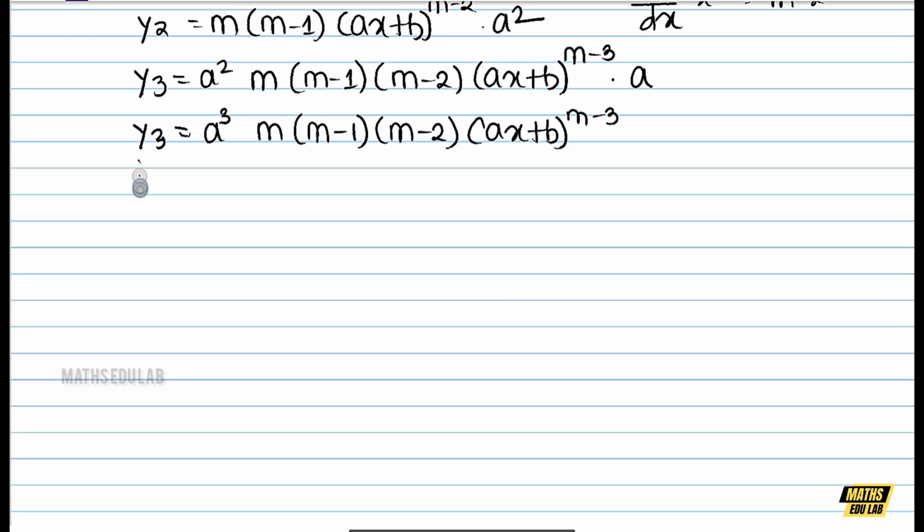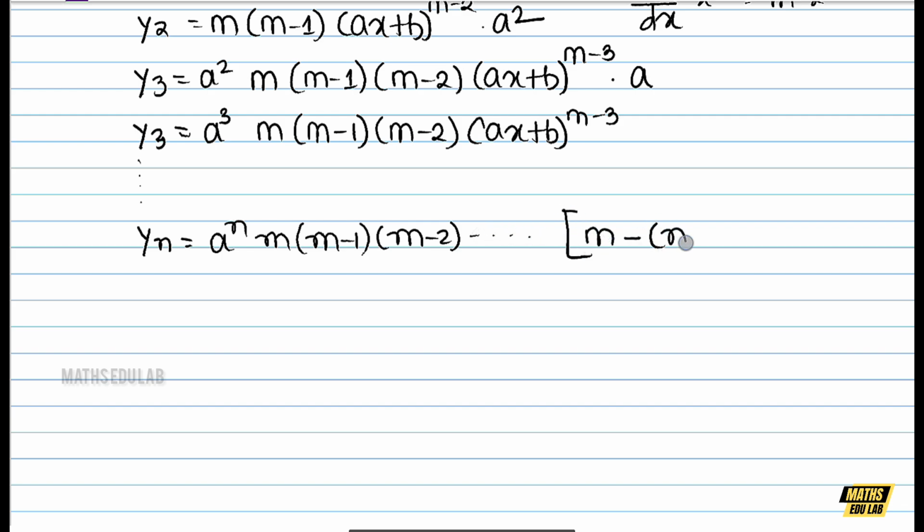So the nth order derivative of the particular function can be written as a to the power of n times m into m minus 1 into m minus 2 up to m minus n plus 1, and then (ax plus b) to the power m minus n. This is the nth order derivative of the given function.